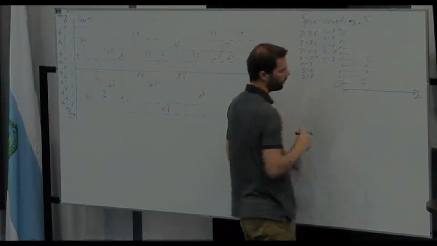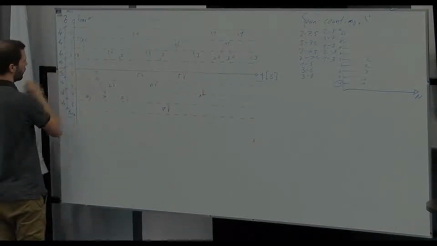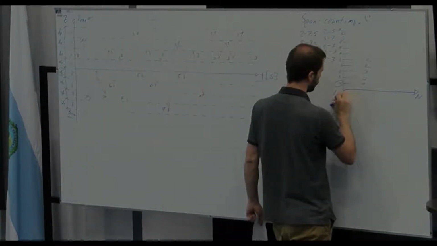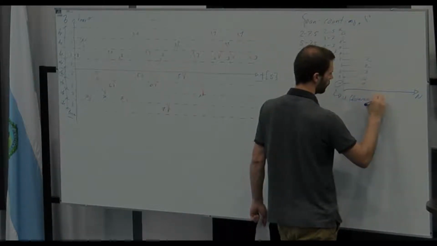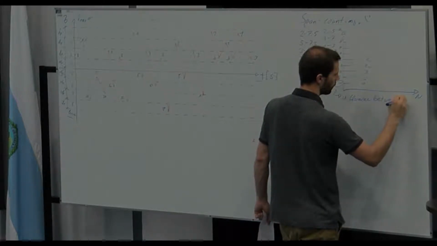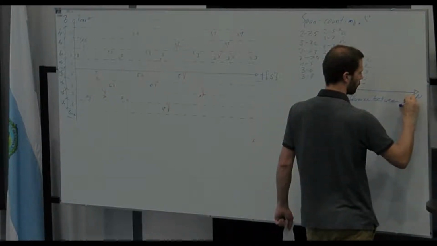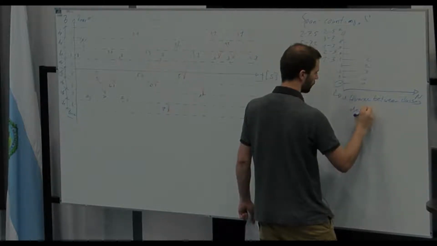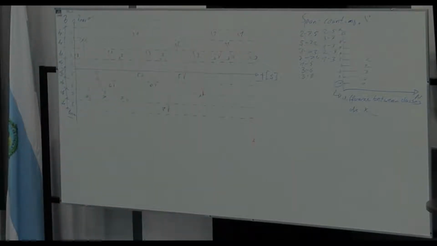If you have a difference of one class, then you have a delta sigma related to dx, so dx times k.